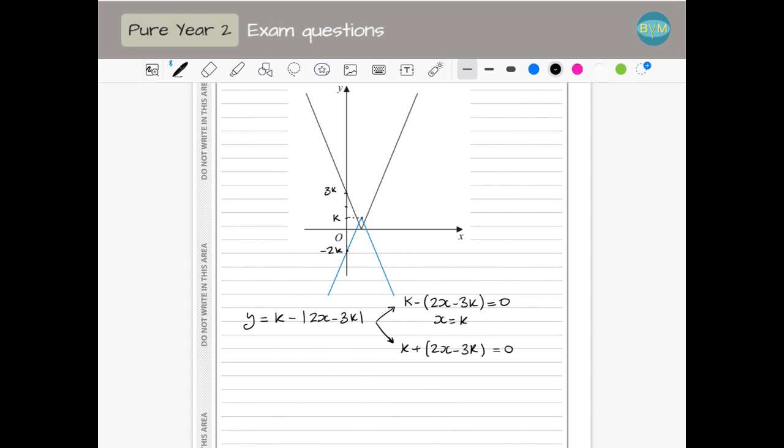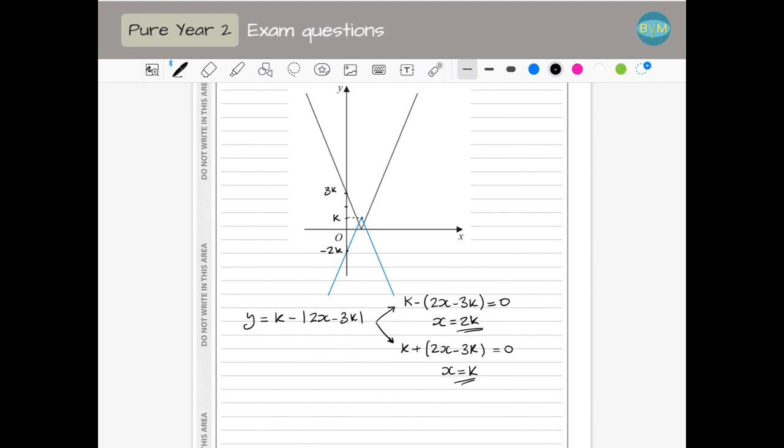And if you solve the other, you have 4k equals 2x, so x is 2k. Just solving for x.